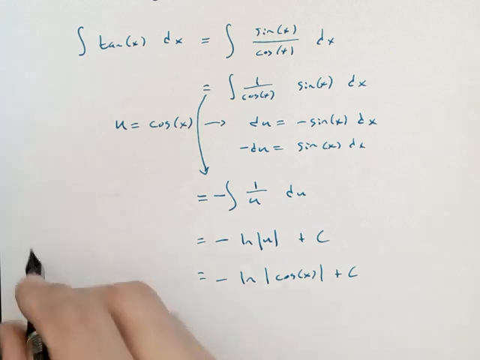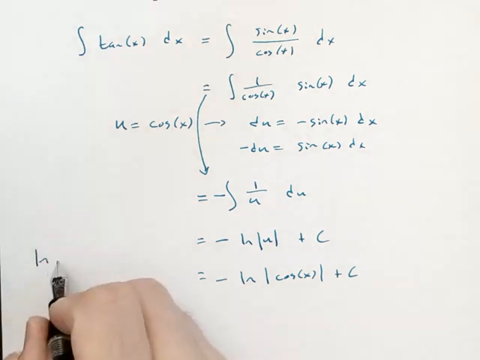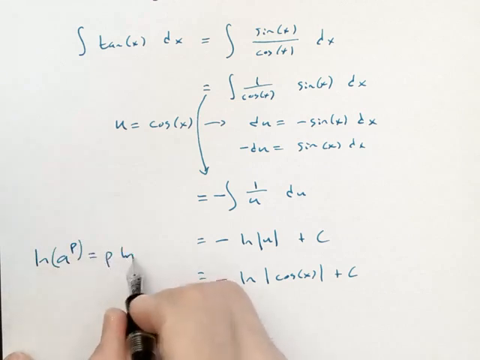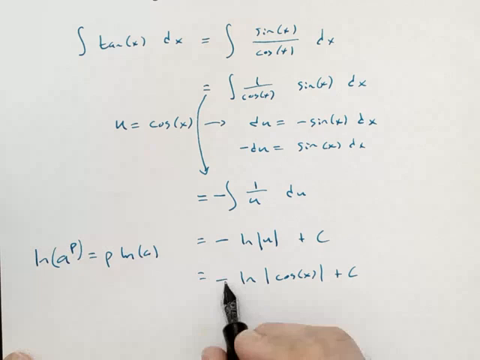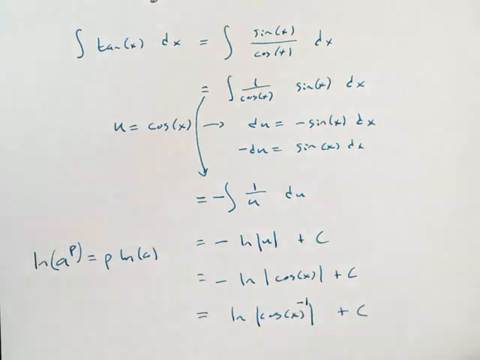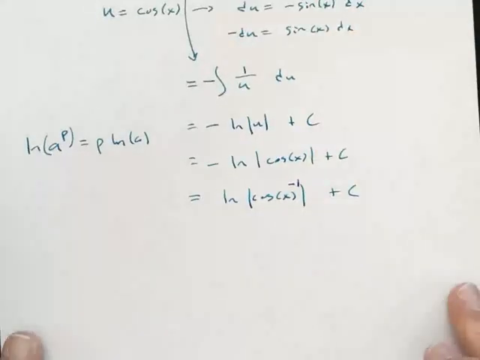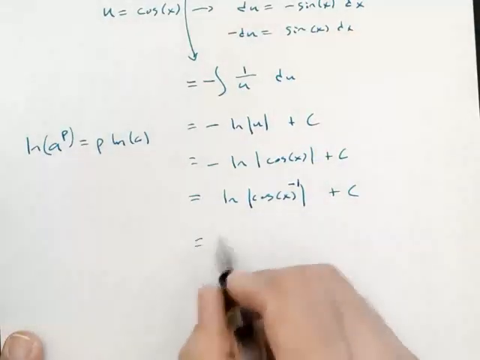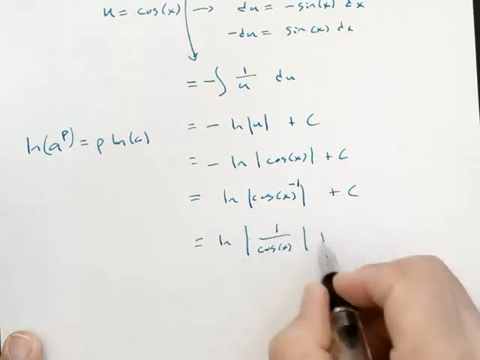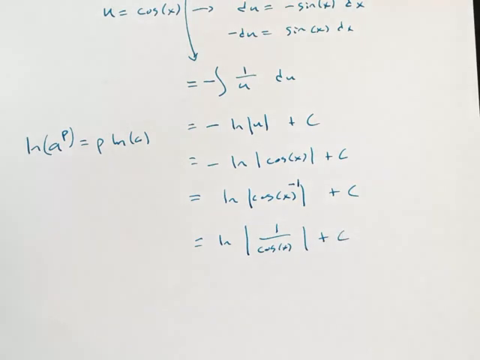I remember that ln of something to a power is the power times ln of the thing. So I'm going to take this number outside and put it up. And raising something to the -1 power is making it 1 over. And 1 over cosine is secant.